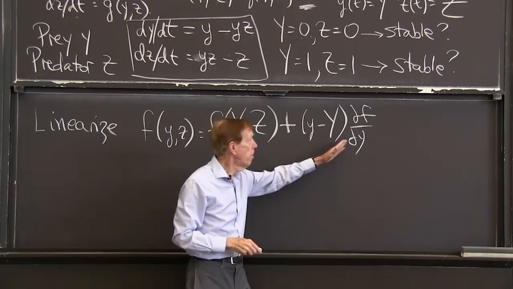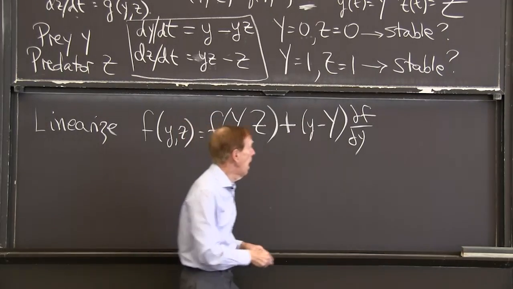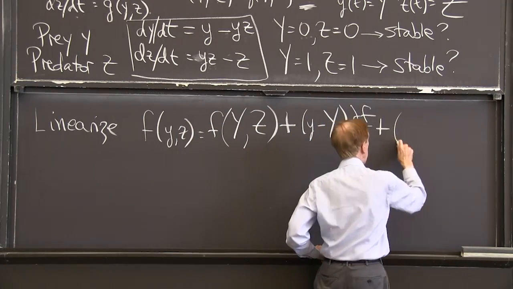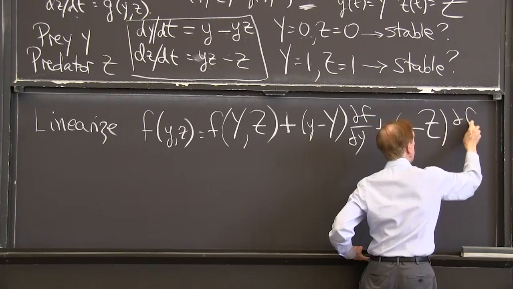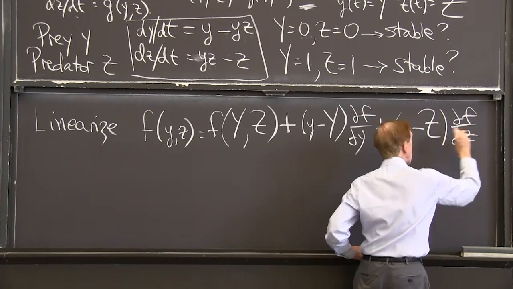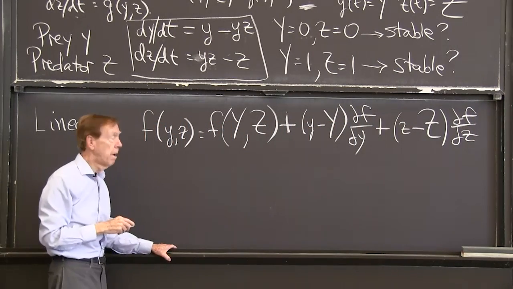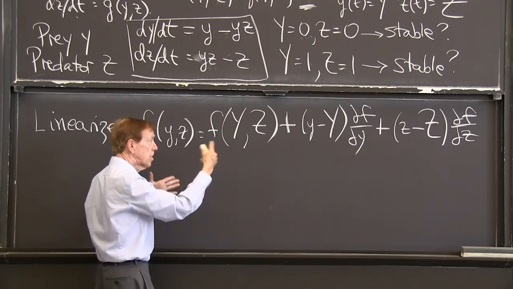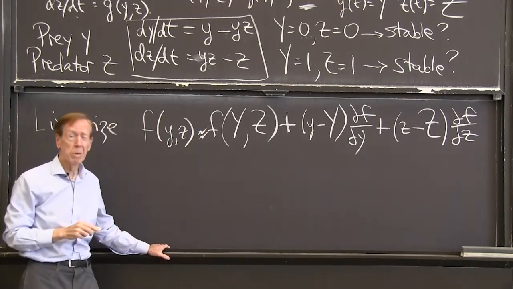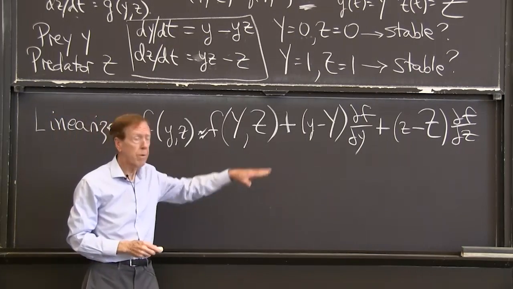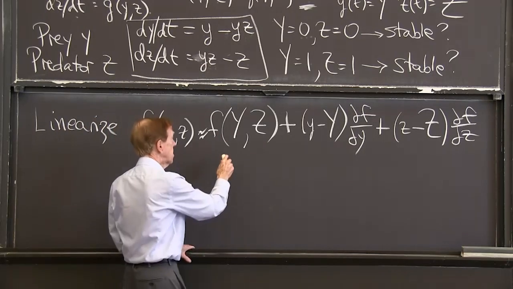That's the slope in the y direction multiplied by the movement, and then a similar term, z minus capital Z times the movement in the z direction. Because I stopped, this is the linear part of the function, I have to put an approximate symbol because I've ignored higher derivatives. And of course, this is 0.